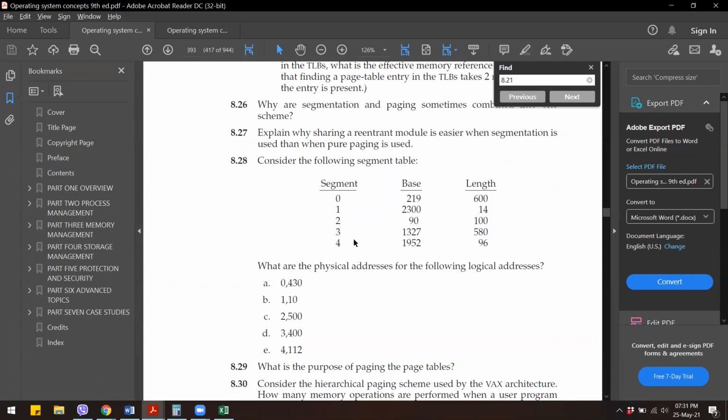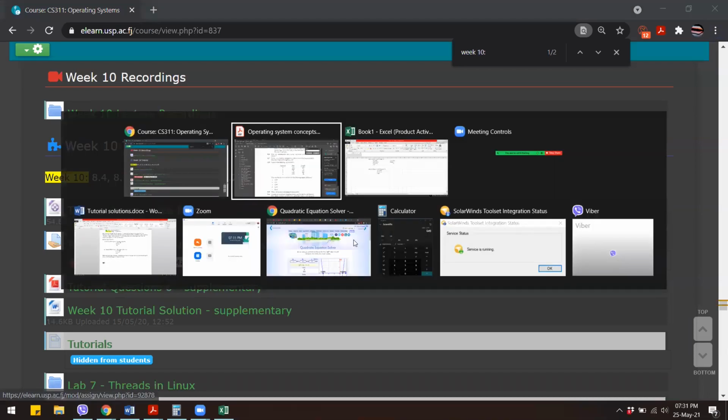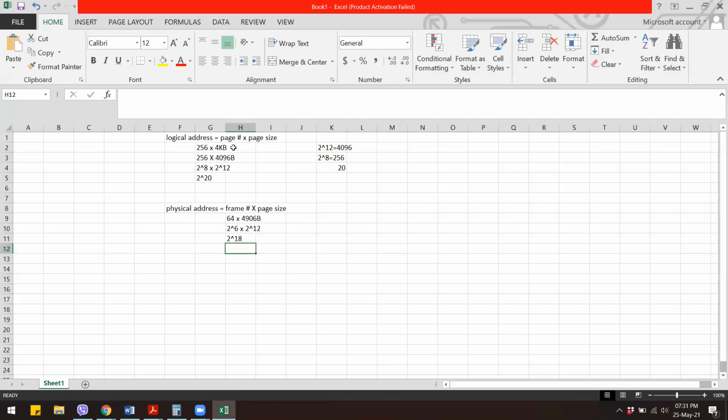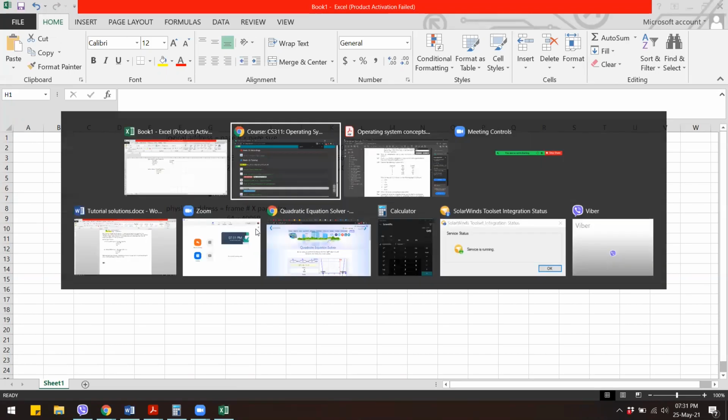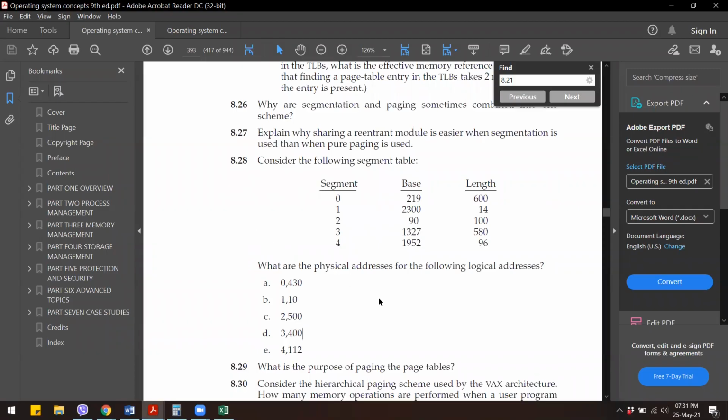In the page table, we know that a logical address is represented by two parts: the page number and the page size. But in the segmentation method, the logical address is again represented using two things, this time the segment number and the offset.